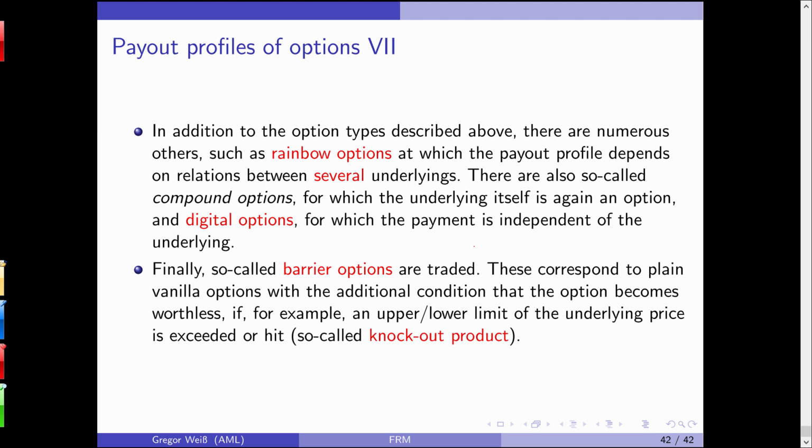It has been activated and it can be exercised. A knockout product is the other way around. It's already active from the start, but it is being knocked out if the underlying price crosses a certain barrier. If it loses too much, it will never recover because it's knocked out. And these are called barrier options because you have an upper or a lower limit for the underlying price.